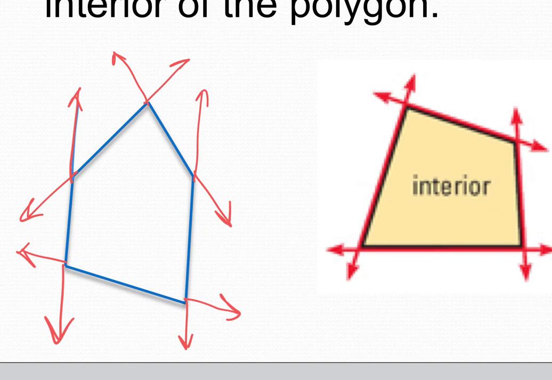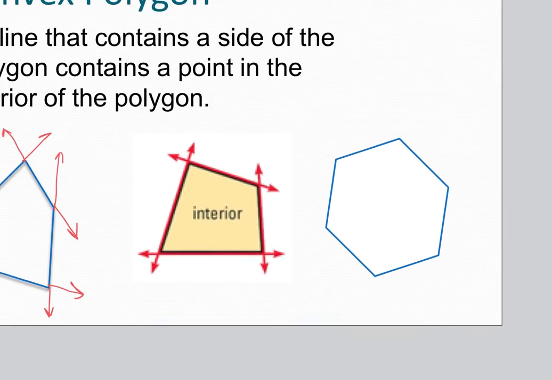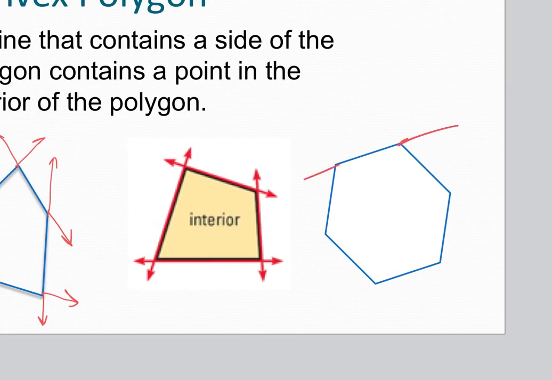If it does, it's called concave, which is the next one. If it doesn't, like these, it's convex. So if we did the same on that second one and we extended it in all the directions, none of those cross through the interior of the polygon. So these are all convex.